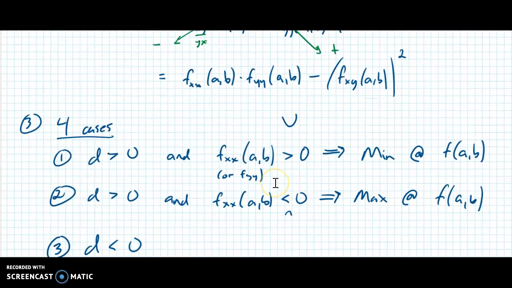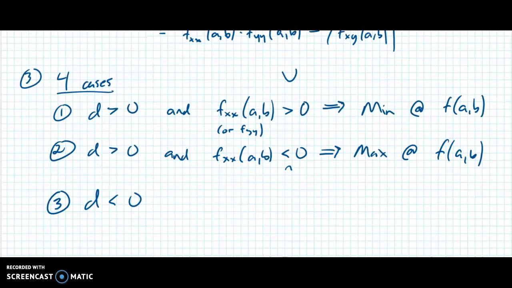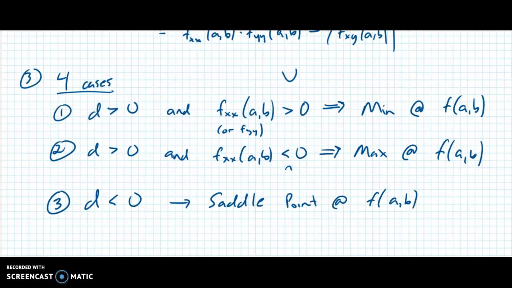So what it does is it determines that the second partials are not tied together. So what do we get? We don't have to check one of the second partials, we don't have to check an xx or yy. We get a saddle point at f of a comma b.